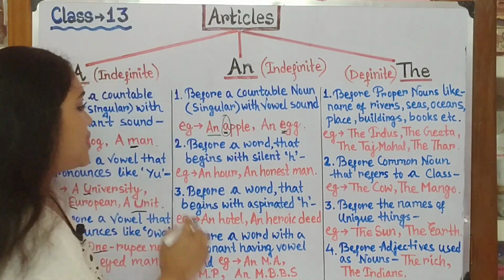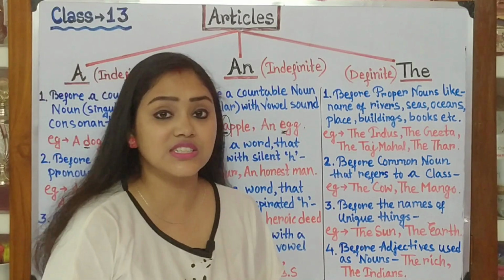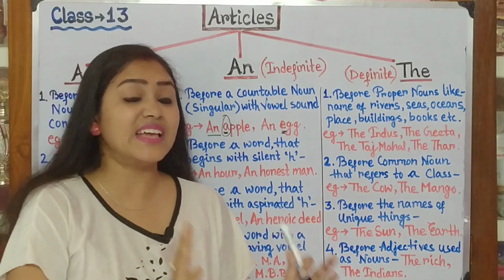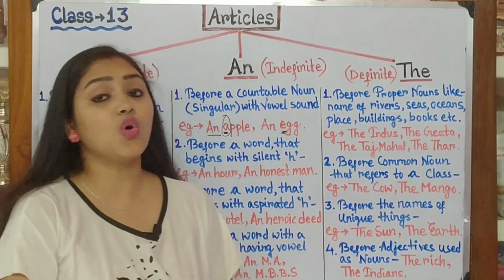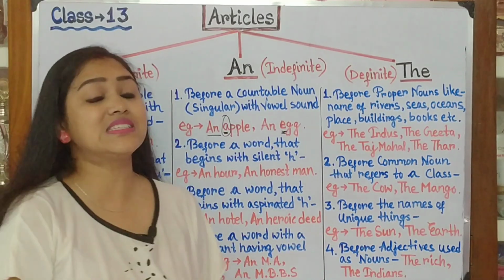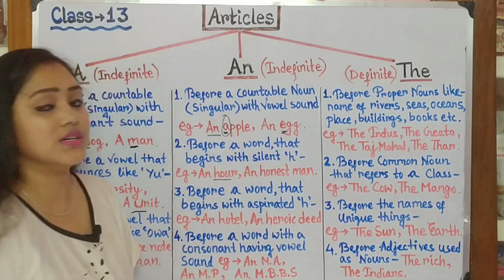Clear? Next, number 2: before a word that begins with a silent H. Maybe the first letter is H, and H is a consonant, right? So before a consonant we use a. But if the consonant is silent, for example, an hour.